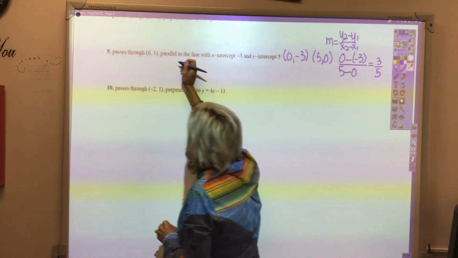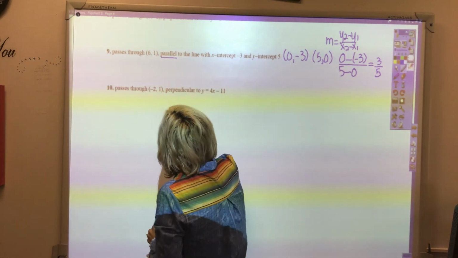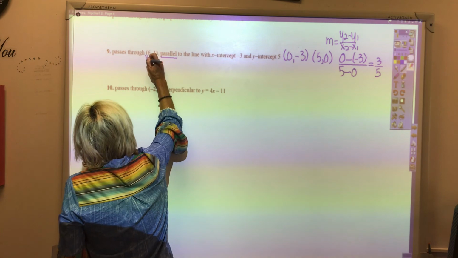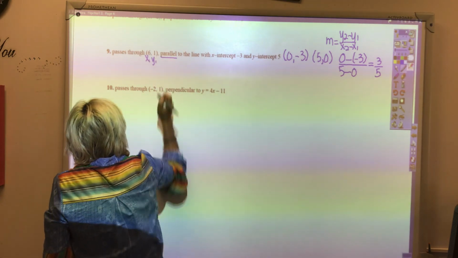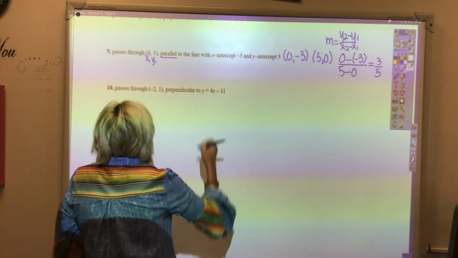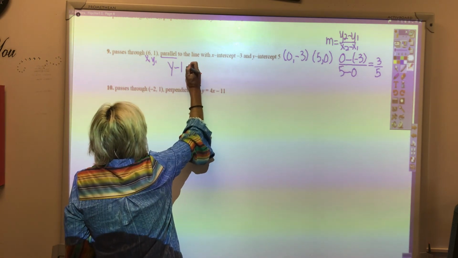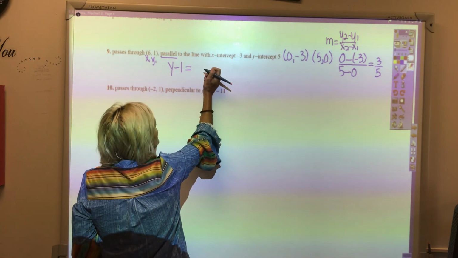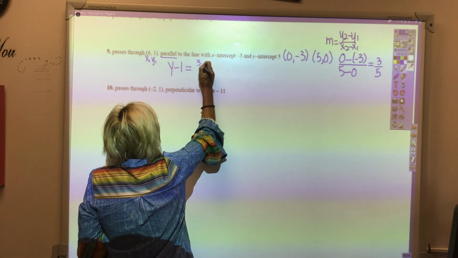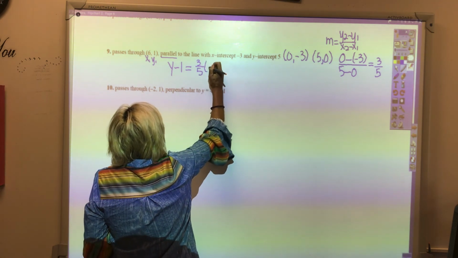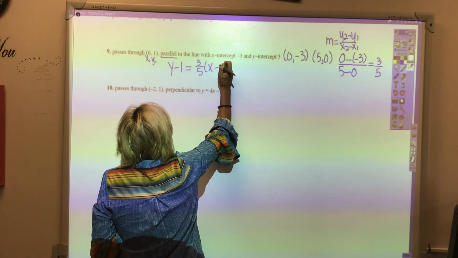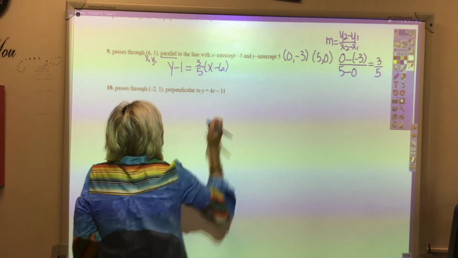Again, our line is parallel. Our point is x1, y1, the 6 and the 1. So we'll have y minus 1 equals m, so 3/5 times x minus 6.